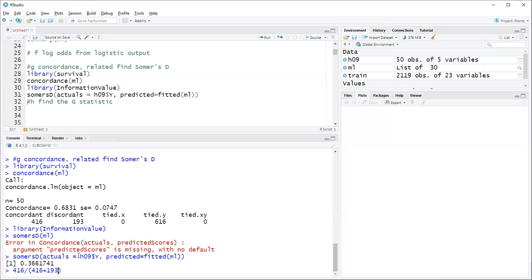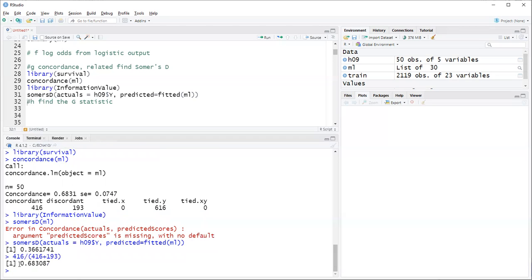So here's the ratio of the concordant pairs, where we got what we were expecting, to all of the pairs. Let me just hit that, and it gives you 0.683087, which is the same, except rounded, as 0.6831. This one's being rounded at the fourth decimal place, but they're the same number. That's how this is getting calculated.